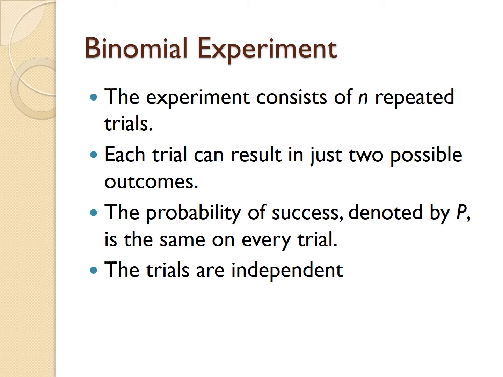The probability of success is denoted by P, and it's the same on every trial. And these trials are independent. That means the outcome of one trial does not affect the outcome of the other trials.